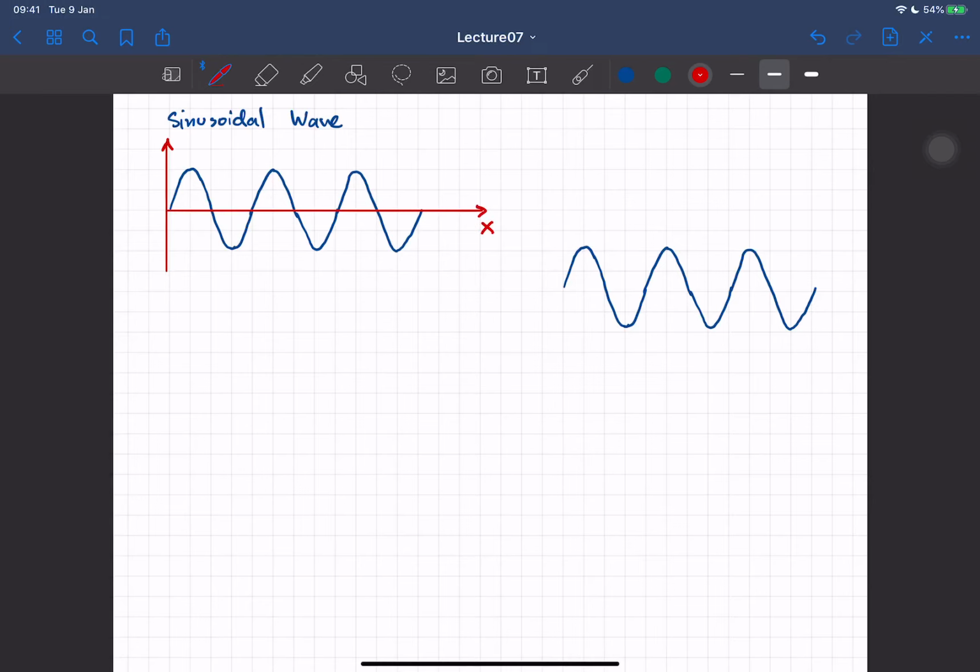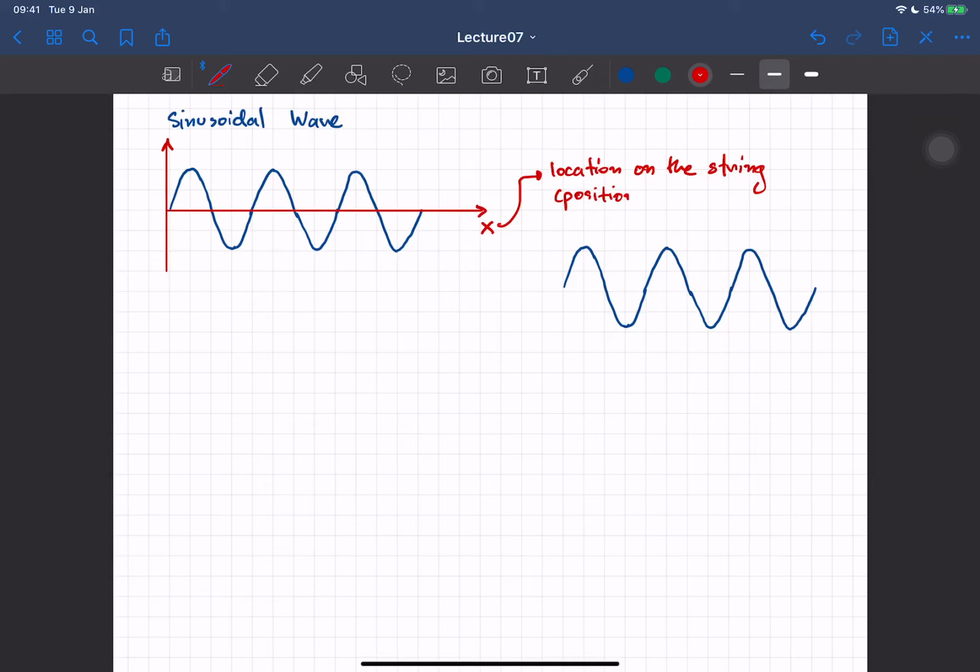And what is x? x is the location on the string, where it is on the string that you're trying to describe. x has the unit of length, so meters or millimeters, something like that.